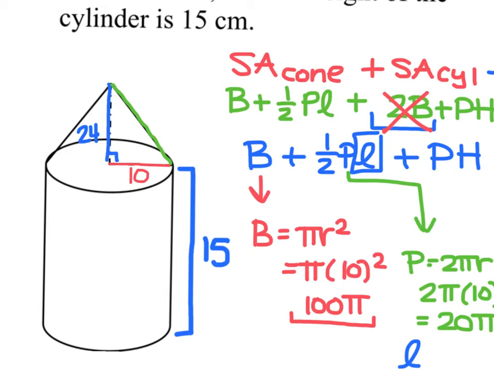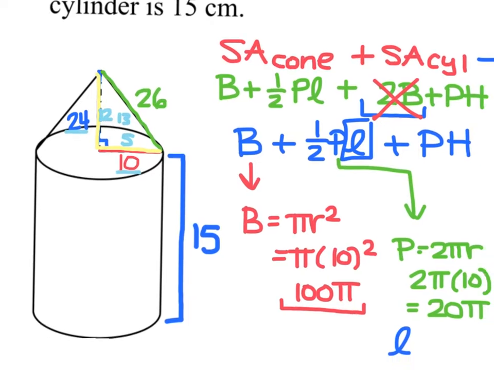Typically, we are going to have a triple when we do this. And we do. This is a 5, 12, 13 triangle times 2. 5 times 2 gives me 10. 12 times 2 gives me 24. So take 13, multiply it by 2, and that's going to give me my outside piece, which is 26. My slant height is 26 in this case.